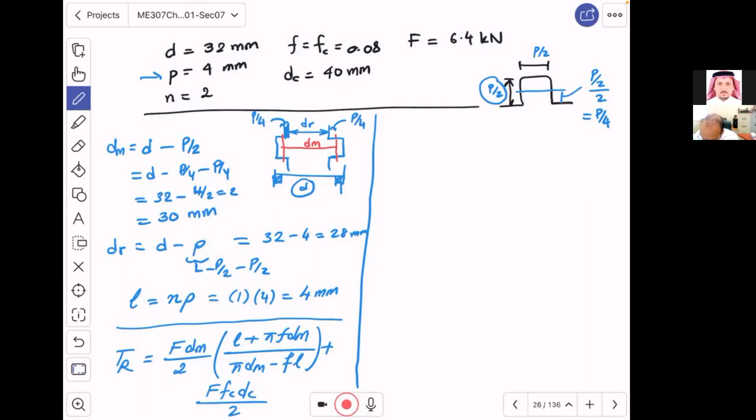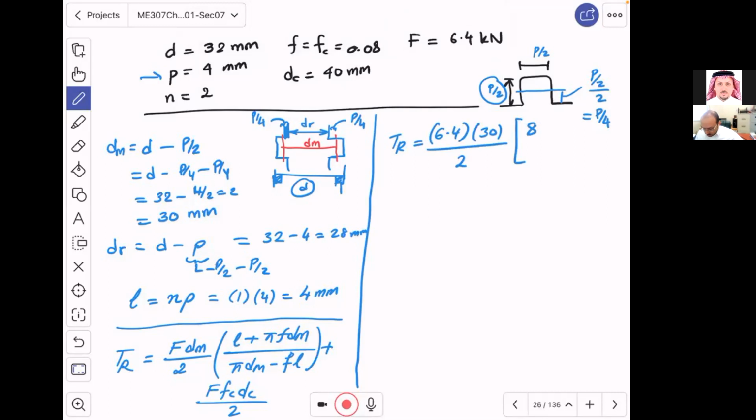So if you want to find TR, that is 6.4, the force in kilonewton, multiplied by the mean diameter, which we calculated, 30, divided by 2, multiplied by... I think I will run out of space here. This is 8.